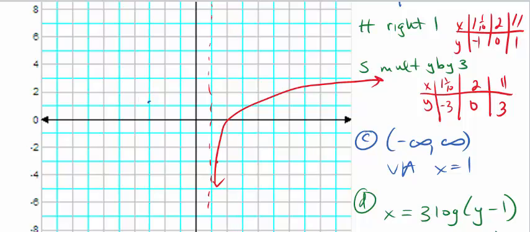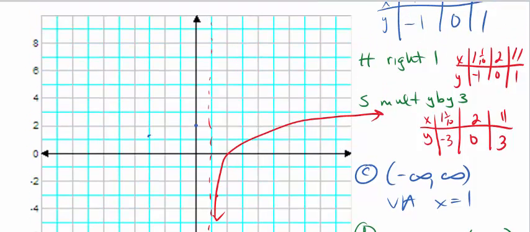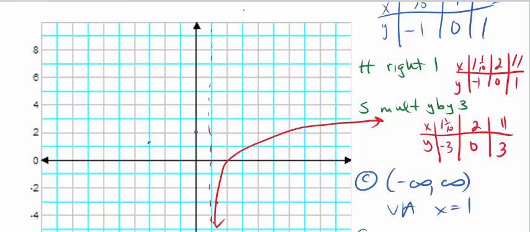We have 0 and 2, and we have 3 and 11. I have to move my graph. 3 and 11. Connect the dots. We have a horizontal asymptote here at 1.